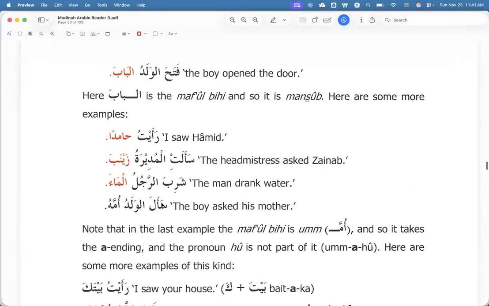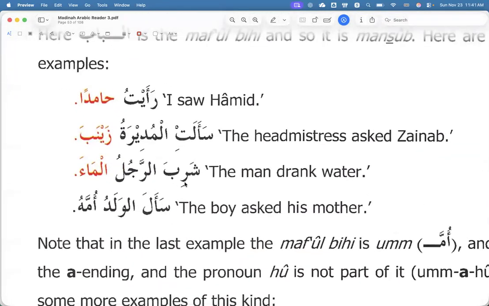So, here. Shariba rajulu al-ma'a. Clear? The man drank the water. Right? سأل الولد أمه. What's going on here? It's not that complicated.